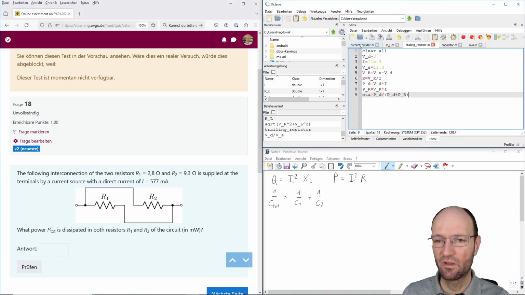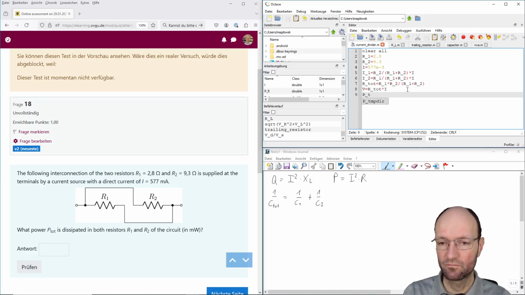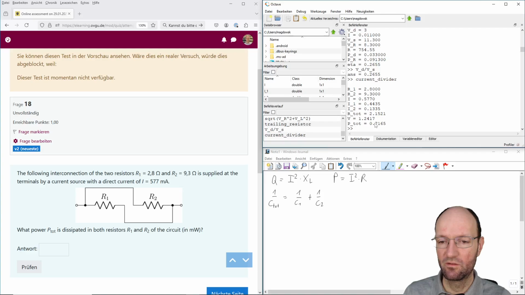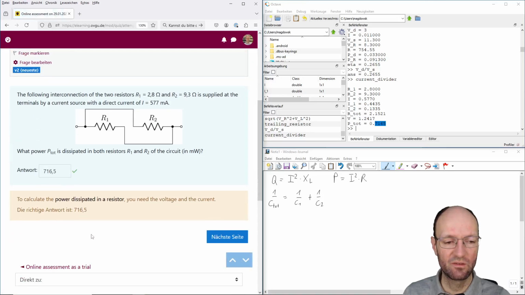So this was, I think, this script here, and the total power can be calculated from the total voltage and the total current. And then we get this value in watt, and we would like to have it in milliwatt. So we need to shift the comma once again by 3 places, and that's the right answer.